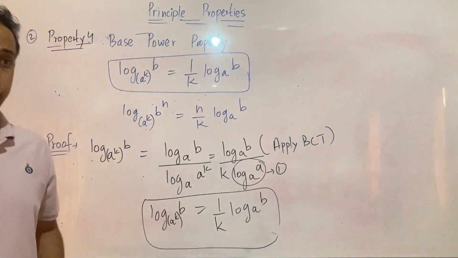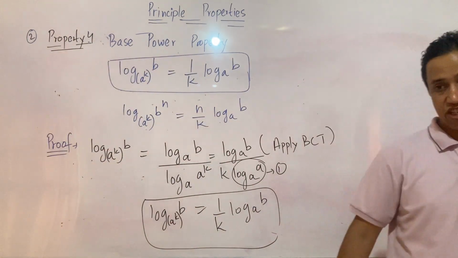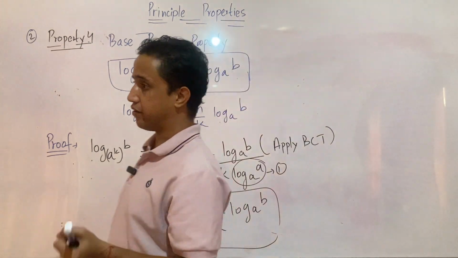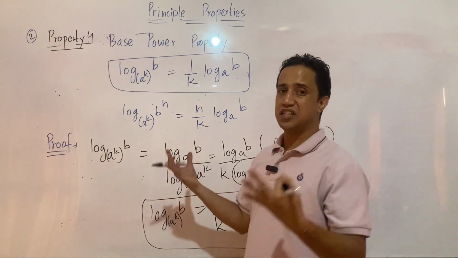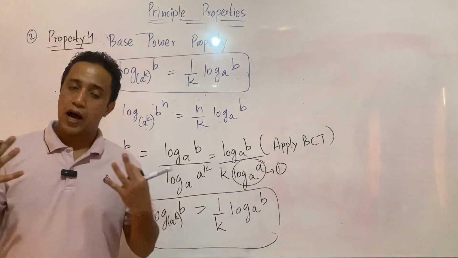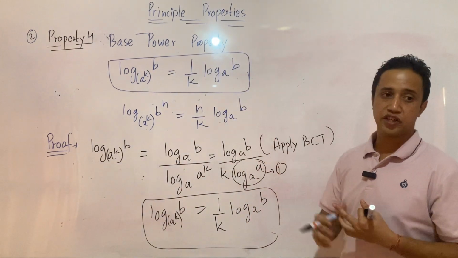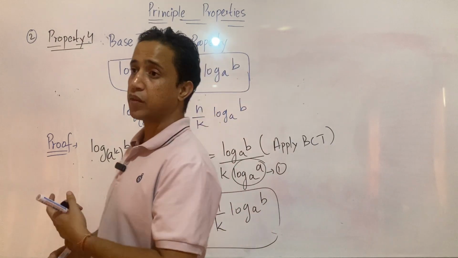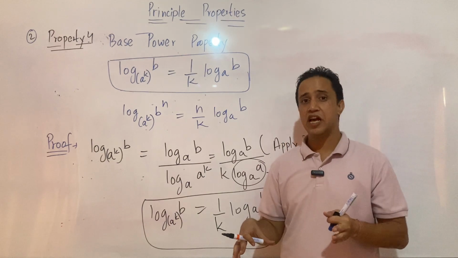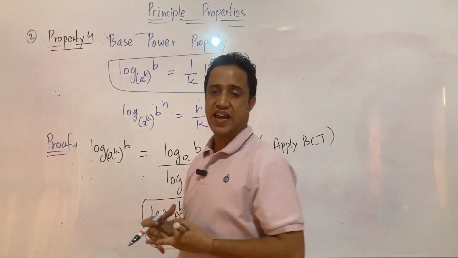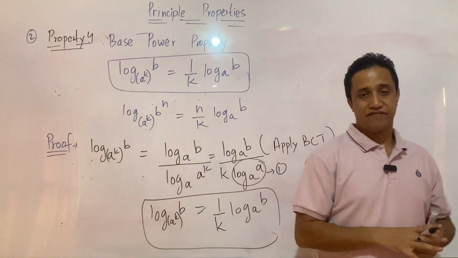Again, a very important property. So today we did the 4 properties. The first is the base changing theorem, which says that log of m to the base n is equal to log of m to the base a by log of n to the base a, meaning that the ratio of logarithms of any two numbers is independent of their common base. Property number 2 was the implementation of BCT, which says that log of b to the base a is the reciprocal, 1 by log of a to the base b.